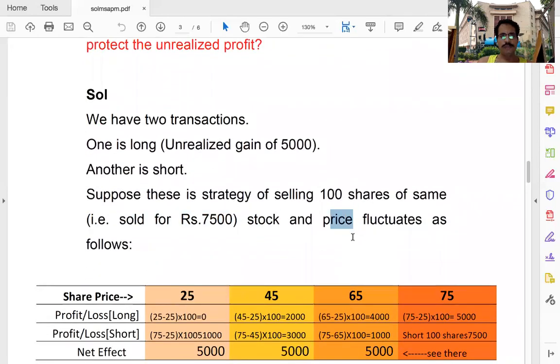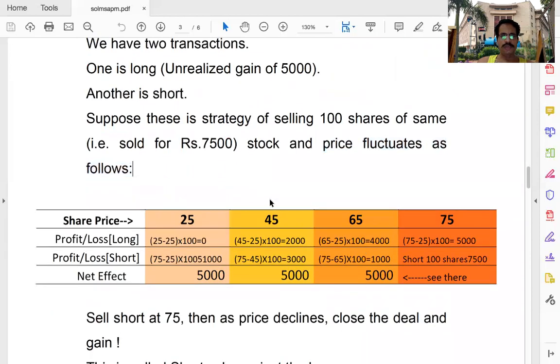Look at this table. The price is now 75. We bought it at 25. So the long profit is 75 minus 25 into 100, which is 5,000, and this is something we want to protect.